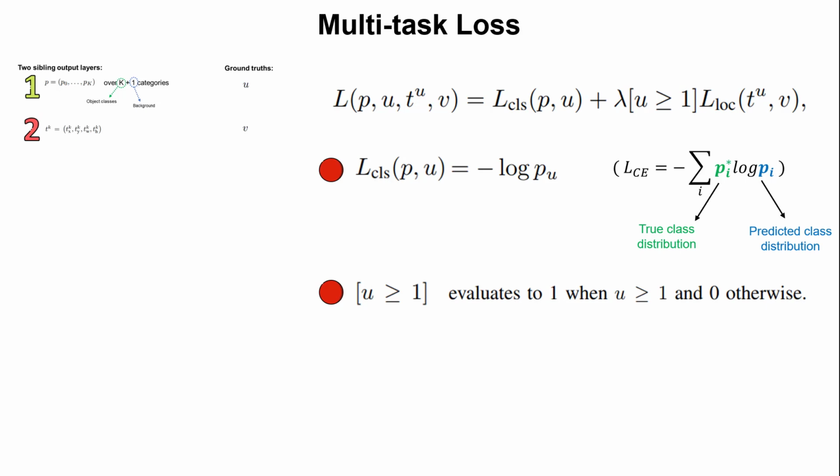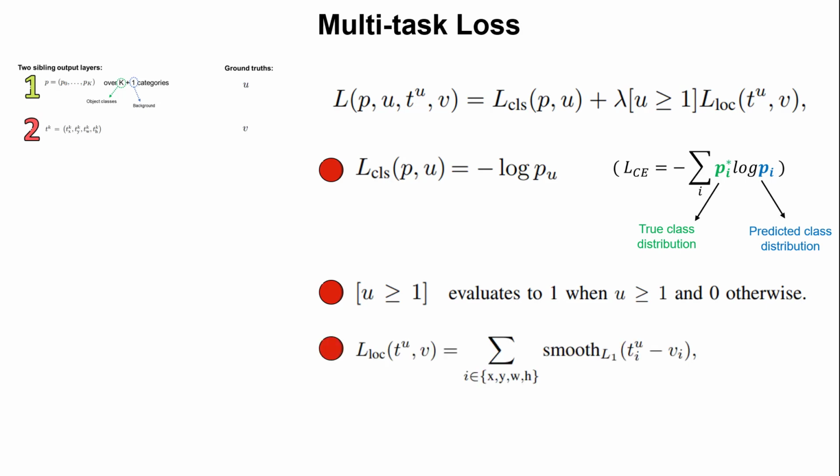It generally means if there is an object in the region, then the output of this term would be 1, and if it is just a background, then it would be 0. And the reason is obvious. We don't want to use the regressor loss for bounding box prediction when there is not any object in the region. In other words, we punish our model to be exact for predicting bounding boxes only when there is an object ground truth in the region to be compared at.